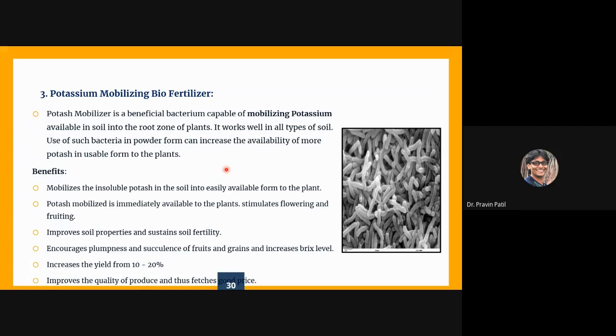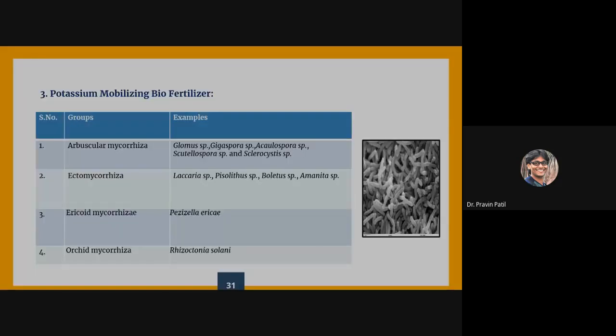It can also increase the yield by 10 to 20%, which is efficient. 10 to 20% is quite acceptable. It also improves the quality of produce and thus fetches a good price. If the products which are farmed have better quality, they can definitely fetch a good price in the market. So these are not just helping the environment, but can also pay the farmer off with economic benefits.